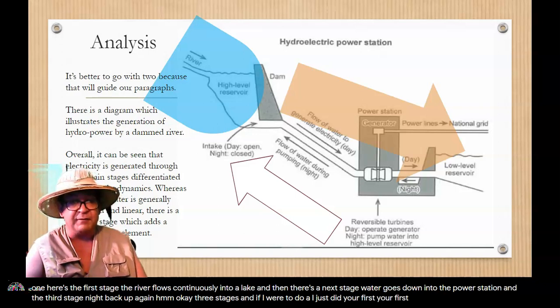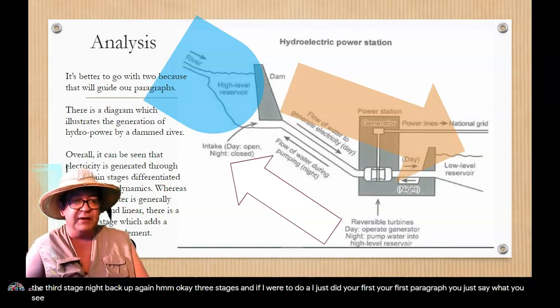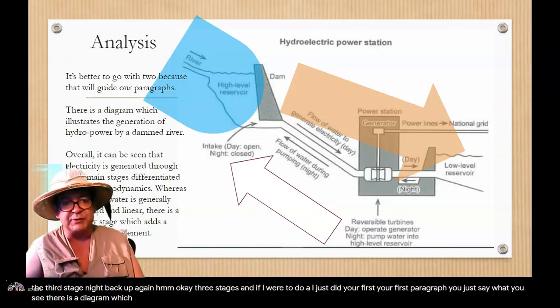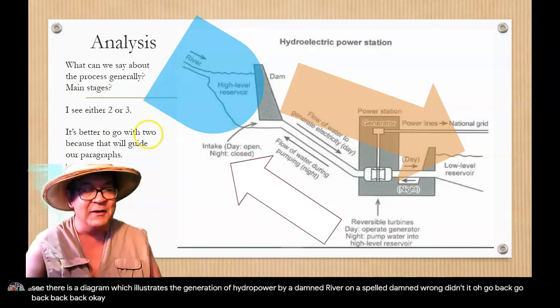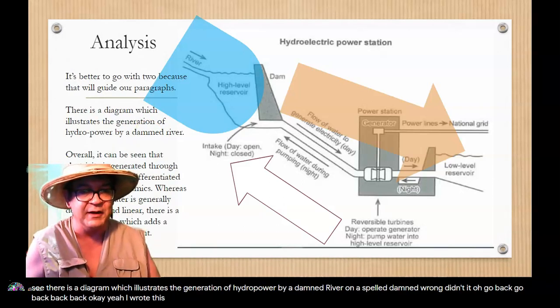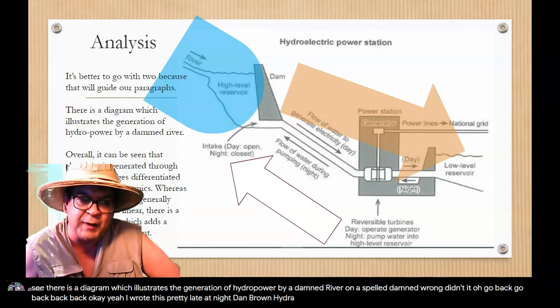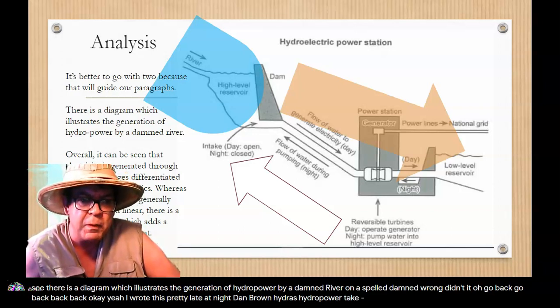In your first paragraph, you just say what you see. There is a diagram which illustrates the generation of hydropower by a dammed river. I wrote this pretty late at night. Does hydropower take a hyphen? I don't think it does.